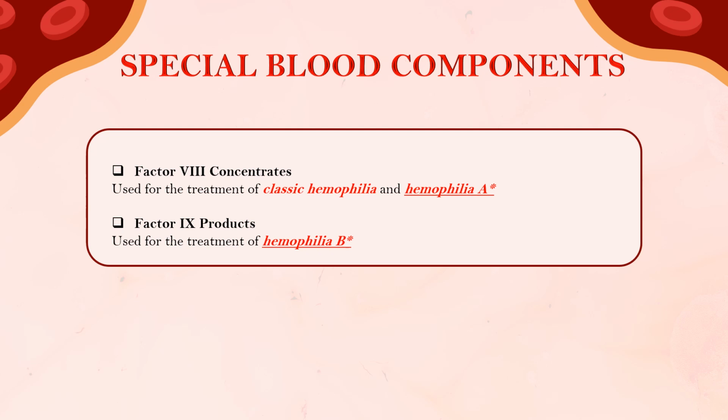You have prothrombin complex, factor 9 concentrates, and what else? Your recombinant factor 9. So for your item number 5, for the individual activity, describe briefly the different forms of your factor 8 concentrate and factor 9 products.